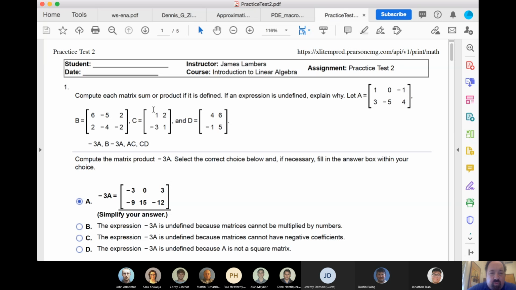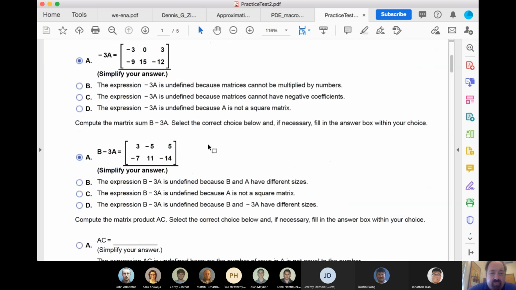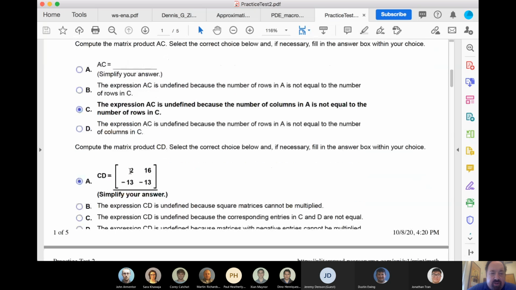So you do 1 times 4 plus 2 times -1. So 4 minus 2 would give you 2. That would be the 1, 1 entry of the product. Row 1, column 1 would give you 2.